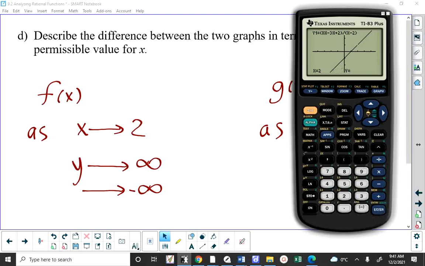We hit enter, there's still a hole there, right? But if you go to your table and change it to ask, and enter 1.9999999, it doesn't matter.